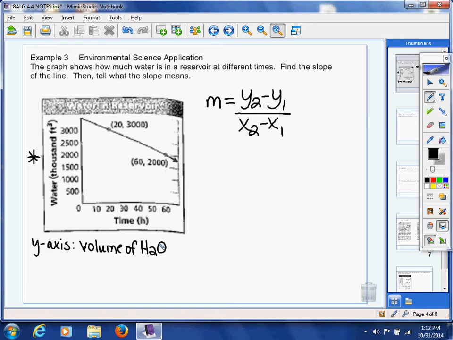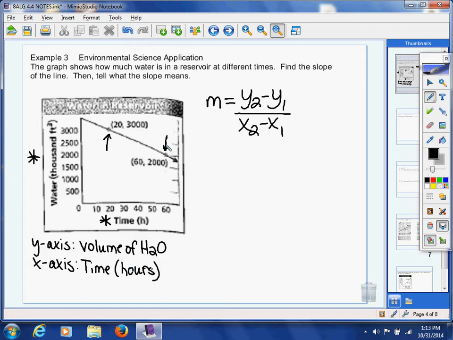Okay, now the x-axis, as you can see here, is telling us that we are measuring time in terms of hours. So we're tracking time and we're measuring it in hours versus minutes, days, months, years, etc. They're telling us exactly what the time increment is, which is hours. On the graph, hopefully you notice that they gave us 2 points, okay?